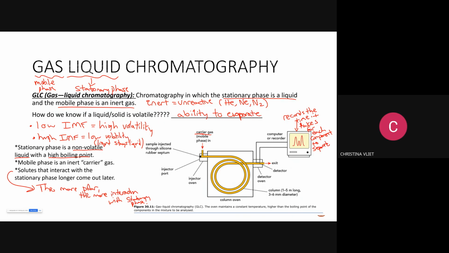I remember when I did this in university, we separated gasoline, like the gasoline that you get at the pump, into the different specific molecules that made it up, because gasoline is not pure. It has ethanol, it has octane, a bunch of different fuels, but it's a mixture. So we used this method to separate the mixture to figure out how much of each molecule we had.